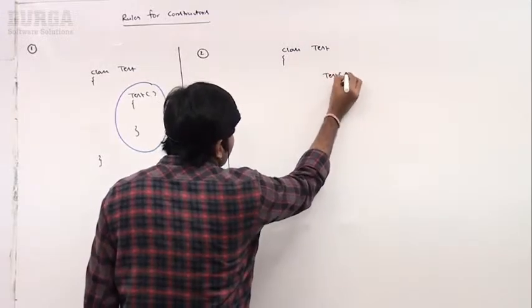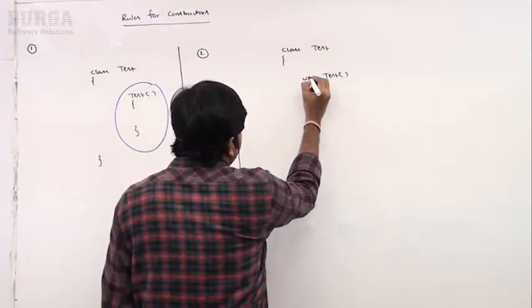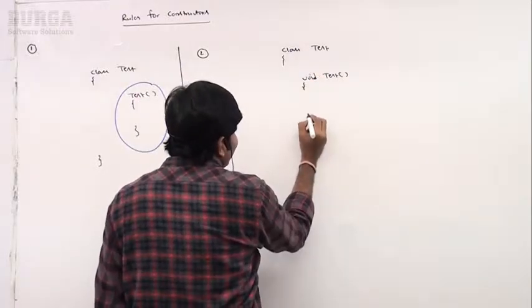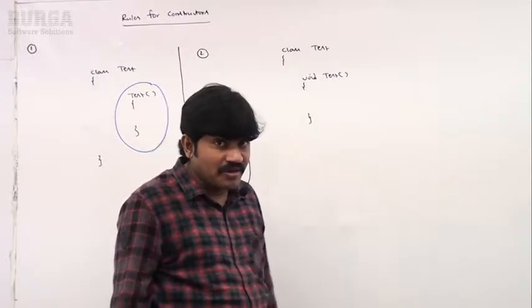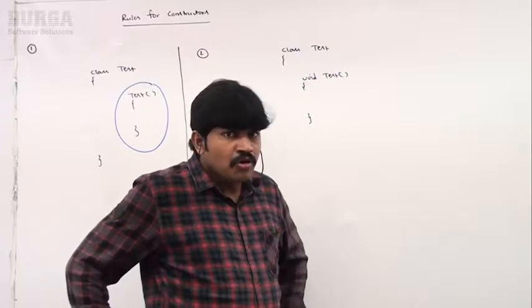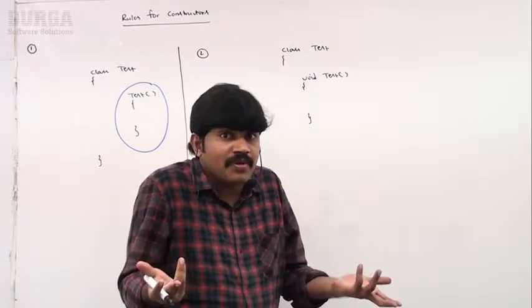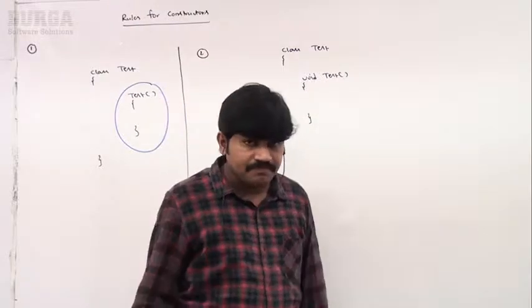By mistake, I am declaring the return type void. Just now I told you: is it possible to declare a return type for the constructor? No, the return type concept is not applicable for a constructor. By mistake, if you take a return type, what will happen?